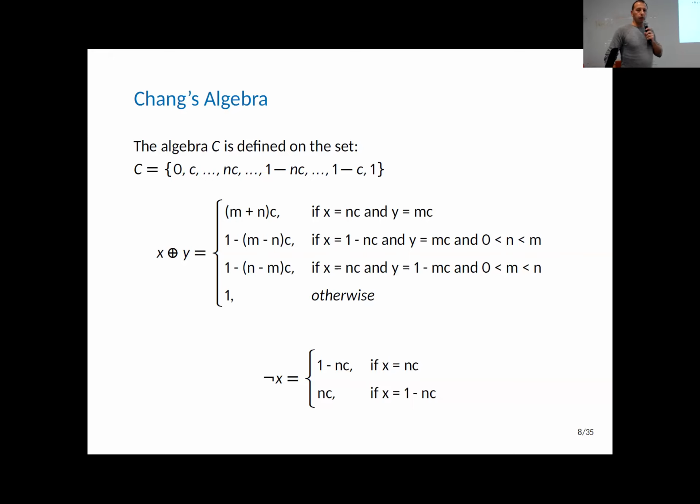The MV operations are defined in quite a simple manner: we just take the summation of the naturals, and if we have co-elements, then the negation will be just one minus the element.